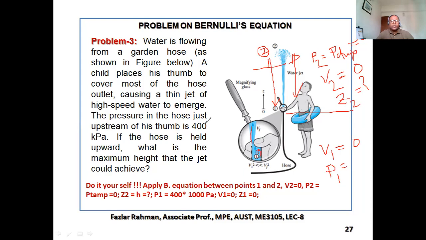P1 equals 400 kilopascal. So you can say 400 into 1000 Pascal, right? And what is the Z1? This is our reference line. So Z1 will be 0. Now, you put it in the boundary equation, you'll get the Z2. Okay, very simple.